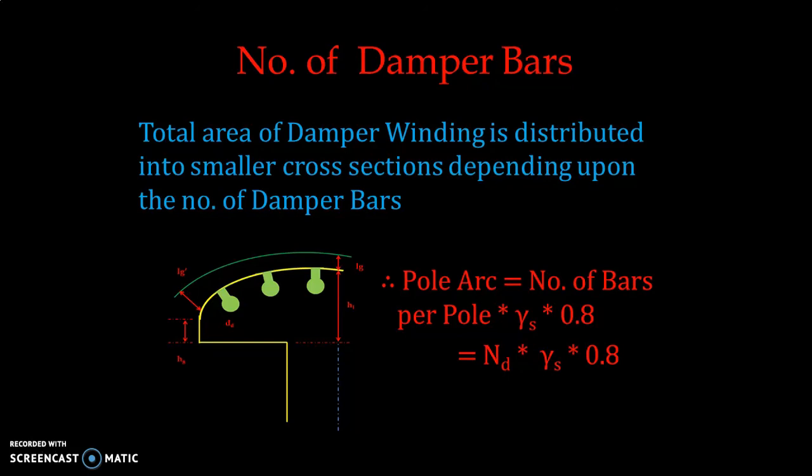All the quantities are known, and from this equation it can easily be calculated how many damper bars can be accommodated in our available space in the pole shoes, and that depends on the pole arc. So our total area of damper winding is now distributed into smaller cross sections, and that depends on the number of damper bars.